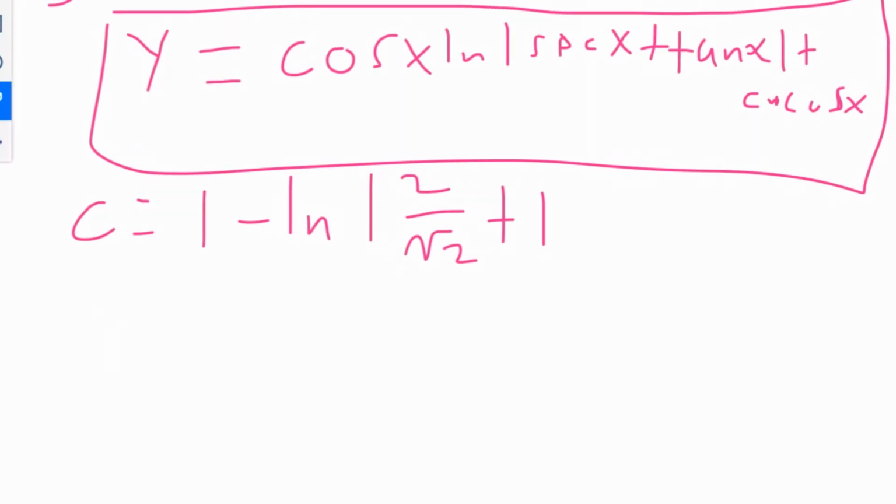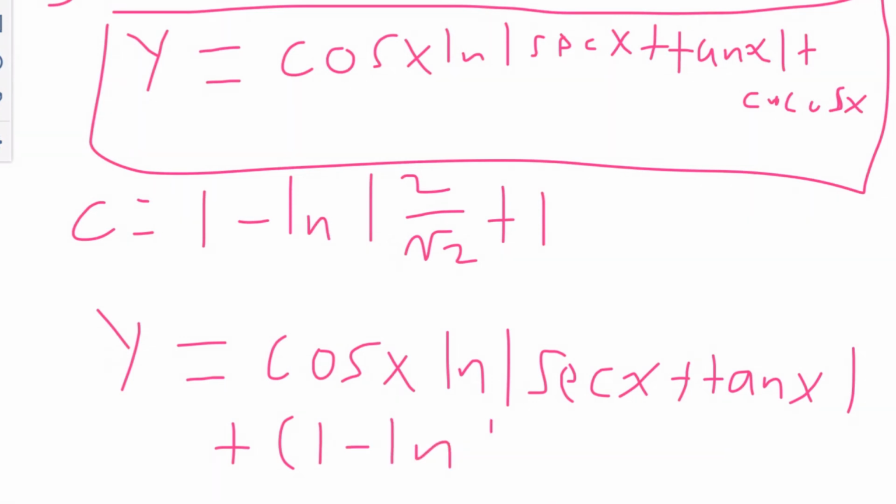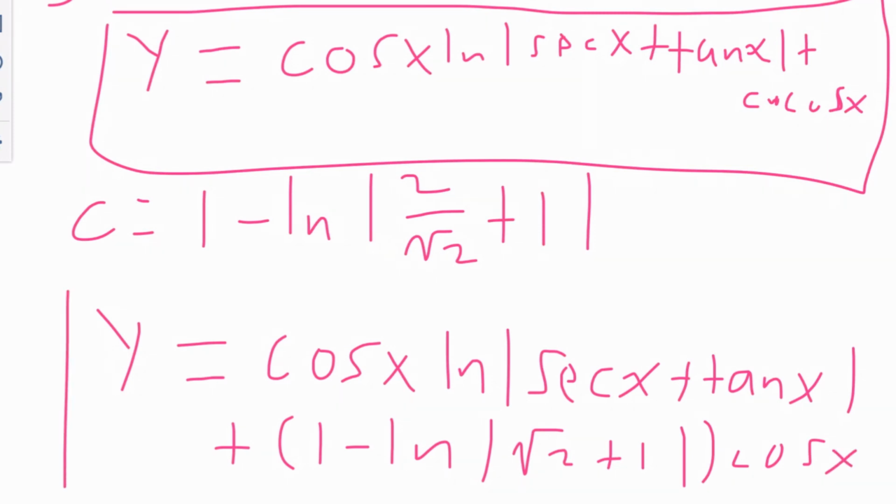So the final solution would be y is equal to cosine x ln secant x plus tan x plus parentheses 1 minus ln. We could simplify the 2 over root 2 to just root 2, because if you multiply top and bottom by root 2, it'll be root 2 plus 1, and cosine x. This would be your final answer for the IVP.